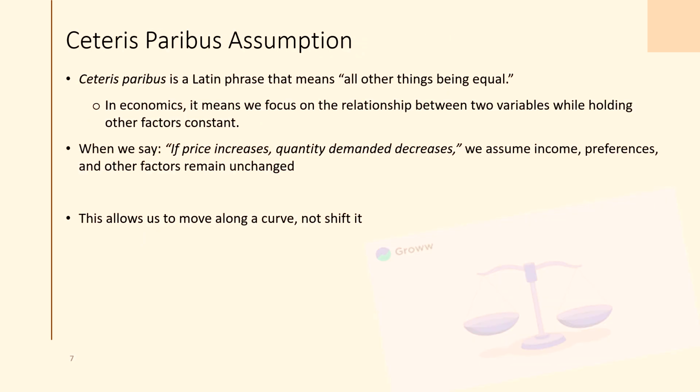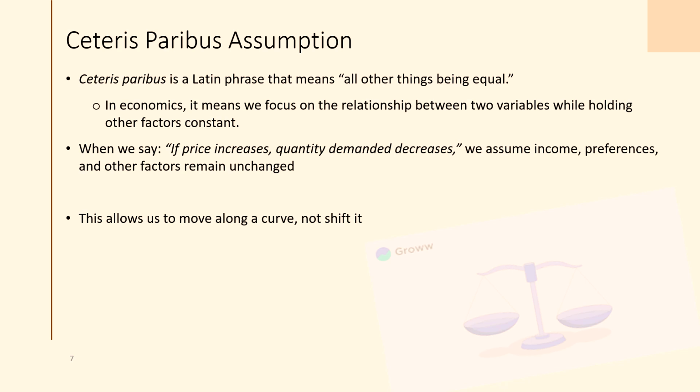Now let's discuss an important concept called ceteris paribus. This is a Latin phrase that means all other things being equal. In economics, we use this assumption to isolate the relationship between the two variables.